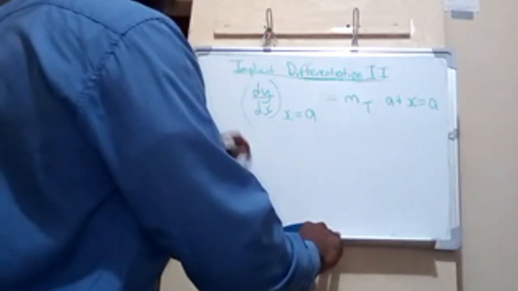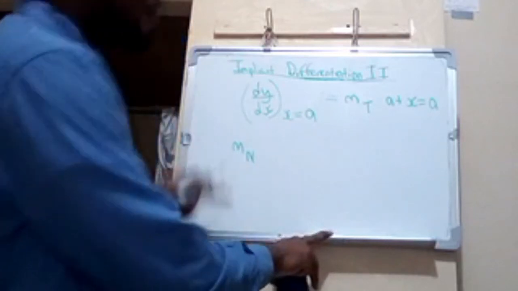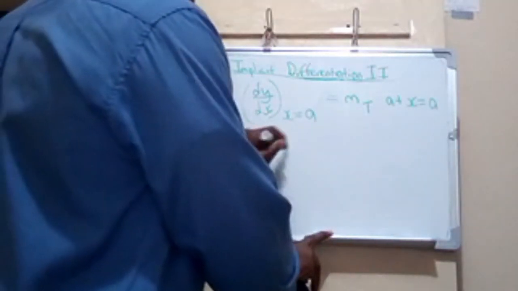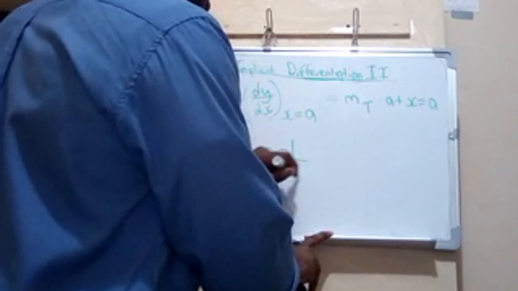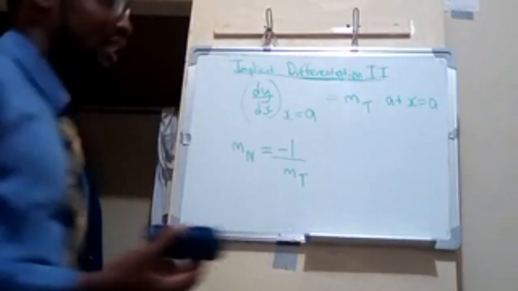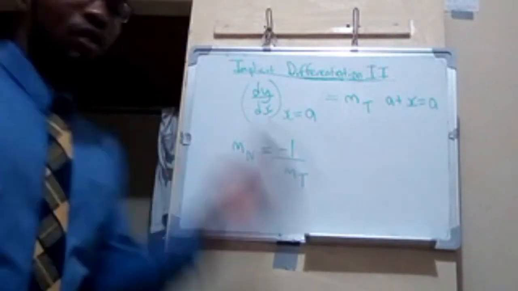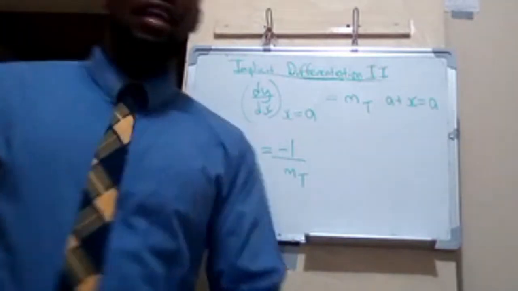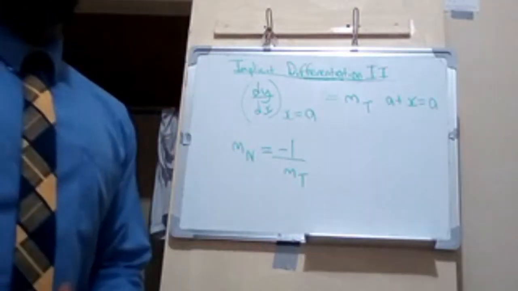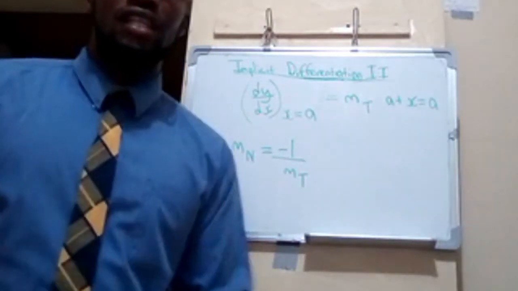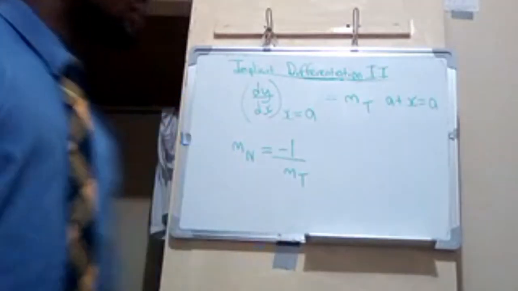And now the gradient of the normal, this N stands for normal, is minus 1 over the gradient of the tangent. This is all that we're going to use in order to find equations of tangents and normals.